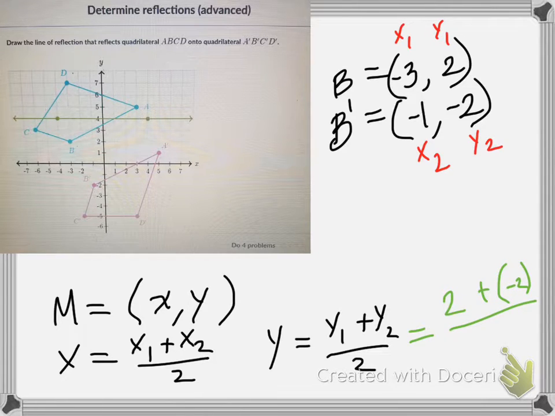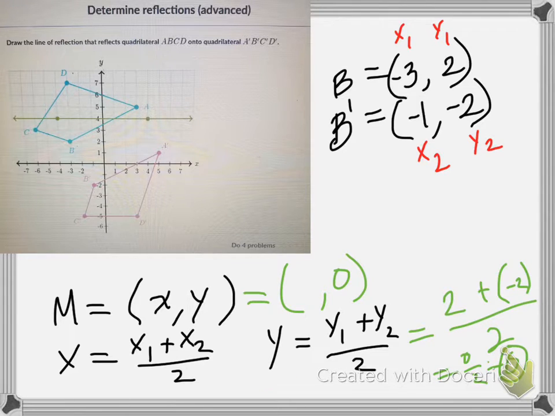And then the 2 is you just bring down a 2, right? So now we're going to do the top: 2 plus negative 2. They're opposites, so they cancel and become 0. 0 divided by 2, what is 0 divided by 2? 0. There you go. I found my first answer. My first answer is 0 for y, because remember, we're doing y.